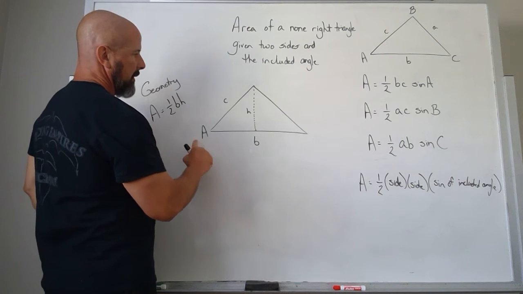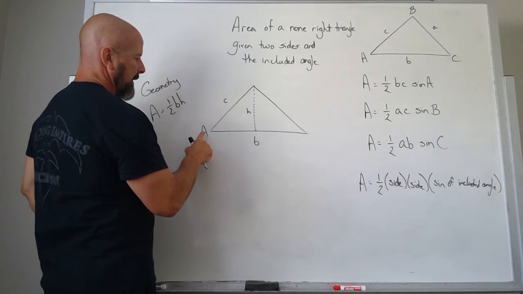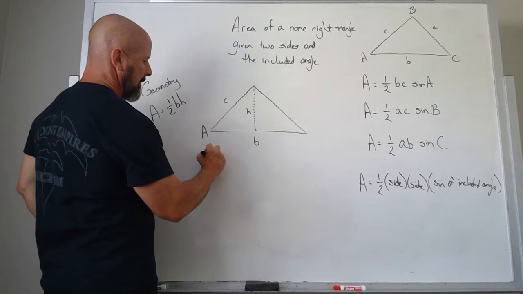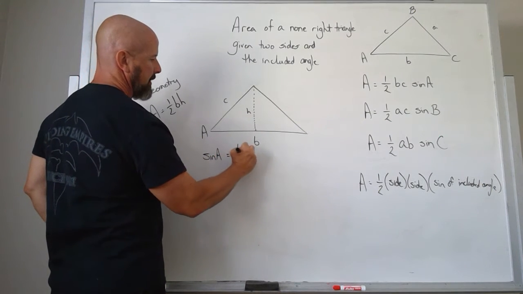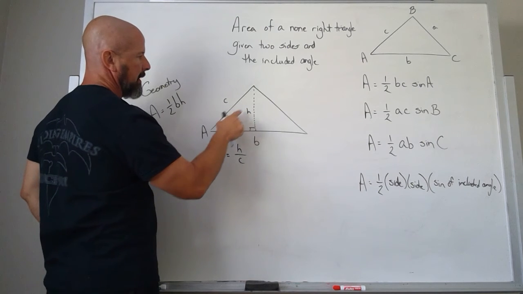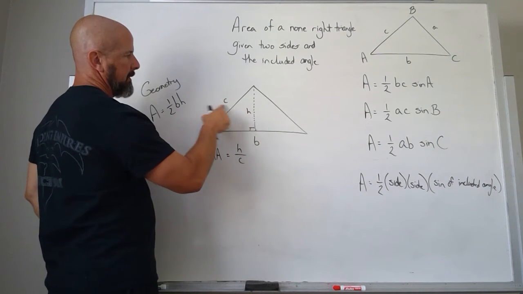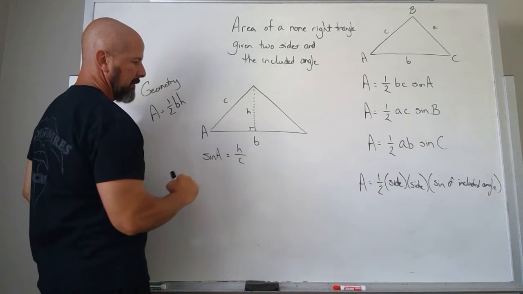What you should remember is sine of A is opposite H over hypotenuse. So remember, looking right here, this is the opposite. There's the hypotenuse of this right triangle.